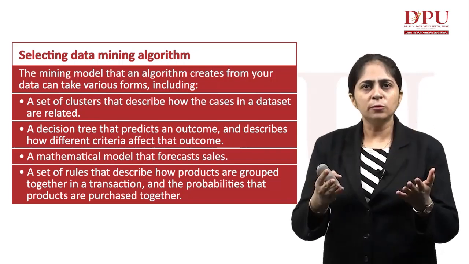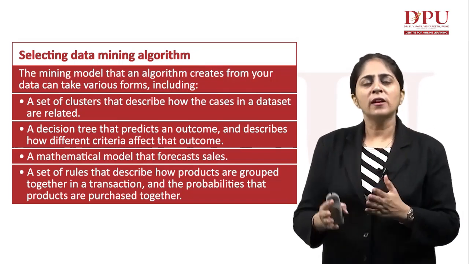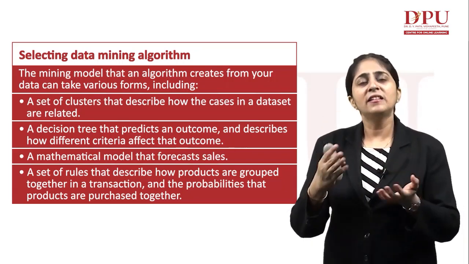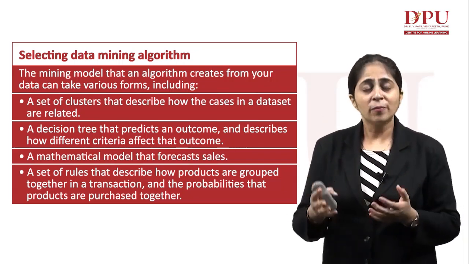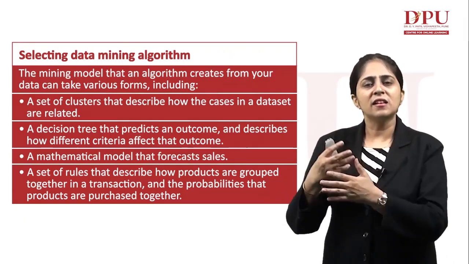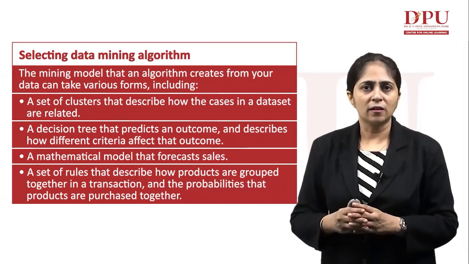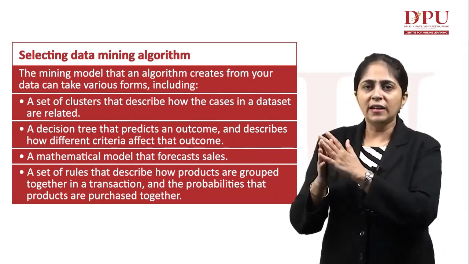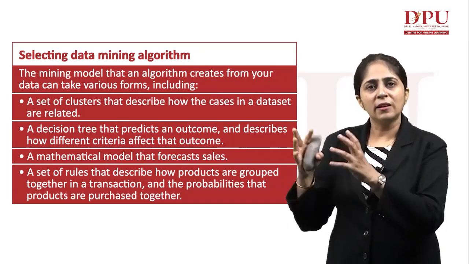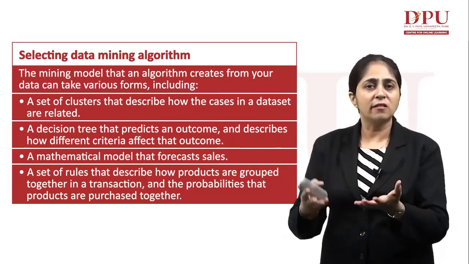A set of rules which describe how products are grouped together in a transaction, and the probability that these products are purchased together. If this kind of format is followed, it increases the chances of sale of those products. If we keep related products together, the chances of a customer buying them together will increase.